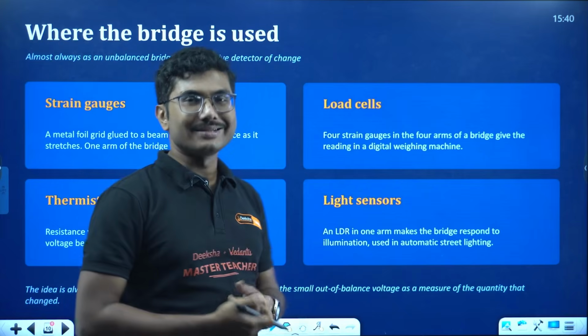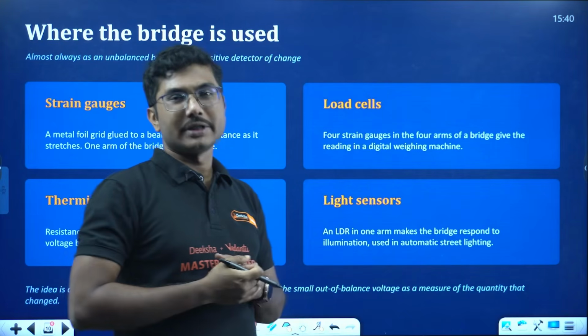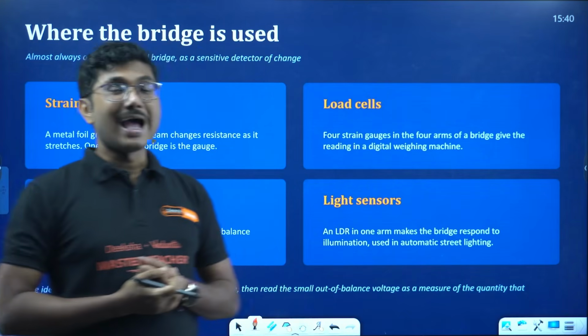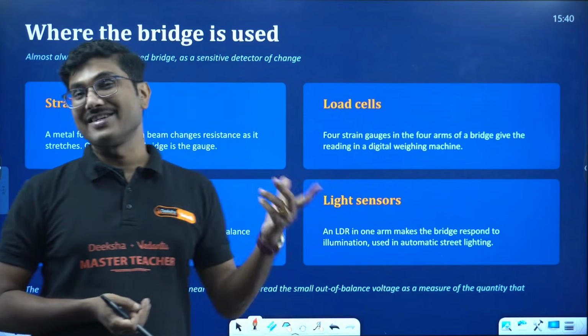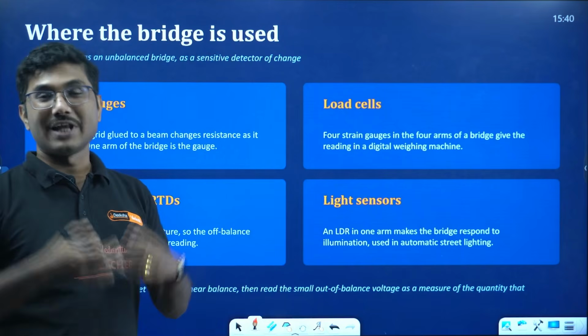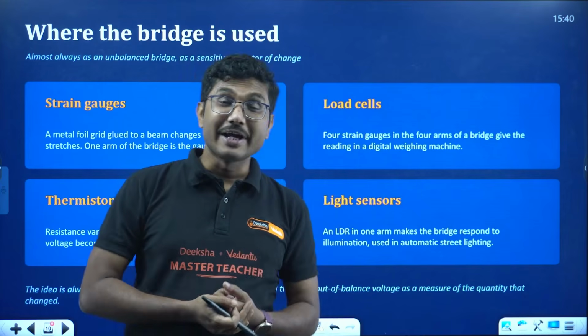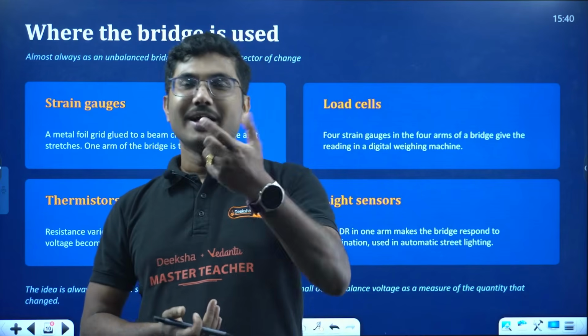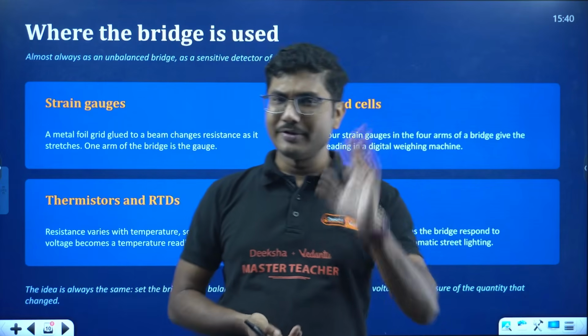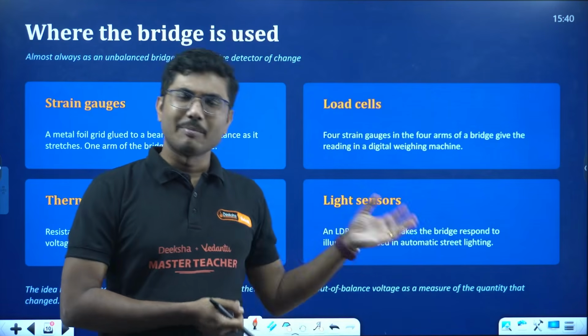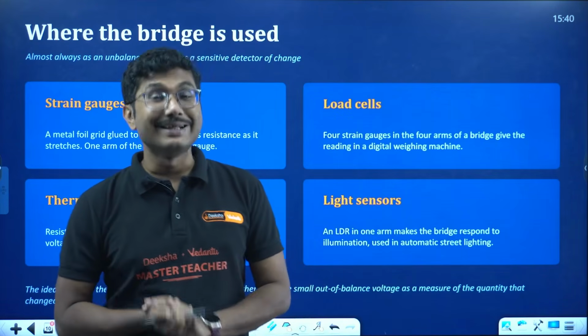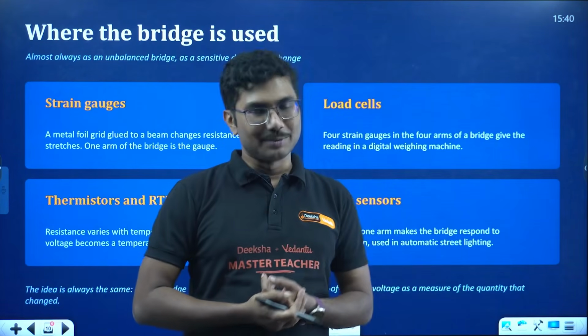Light sensors: if light falls on certain materials, their resistance changes, and based on that resistance change you can measure how much light there is. You may have seen light meters being used in cricket matches, especially in test cricket. Even though the technology is slightly different, you can design a Wheatstone bridge based light sensor as well.